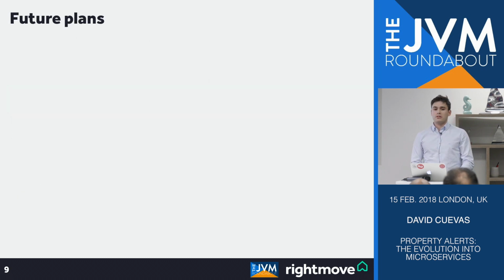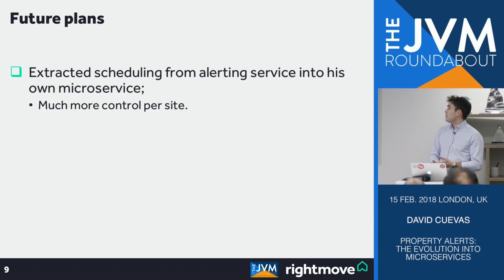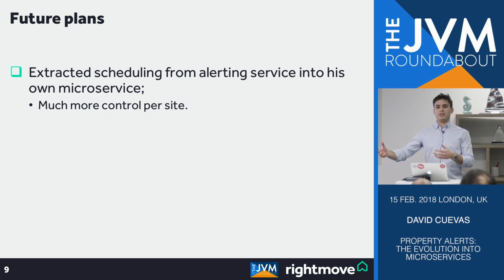So what could be the future plans for this alternative for our microservices? We feel that the scheduler could also be extracted to its own microservice. This would allow us to have much more control on a per site basis.